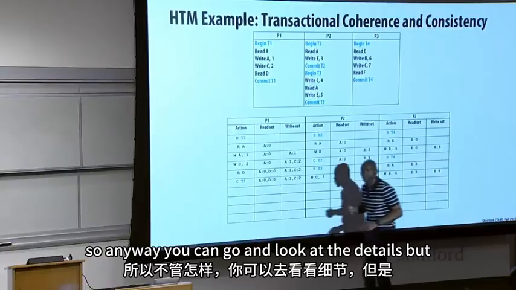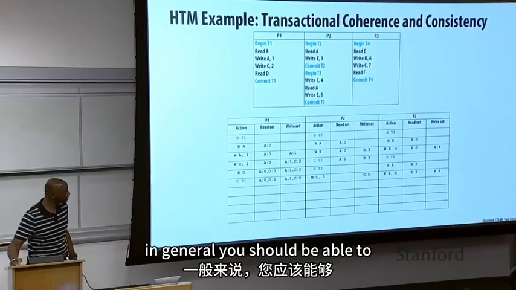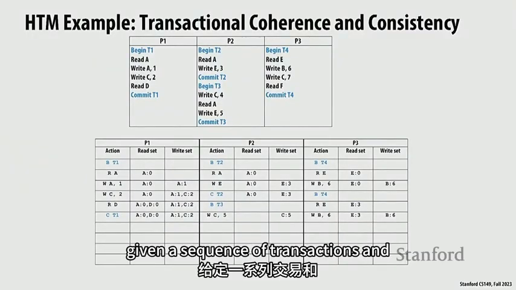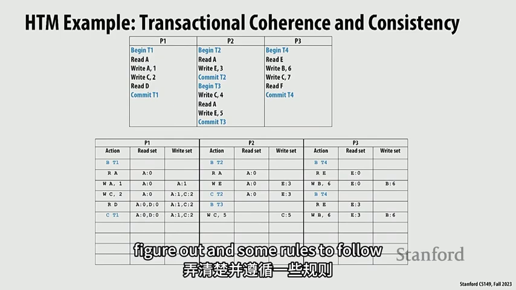Okay? Anyway, you can go and look at the details, but in general, you should be able to solve problems something like this. Given a sequence of transactions and some rules to follow, you can figure out what happens.